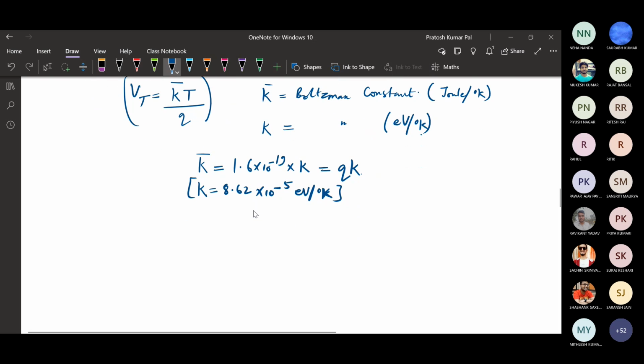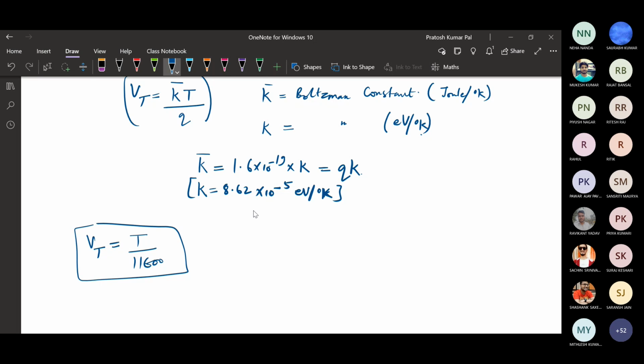Overall, we can relate this thermal voltage, or volt equivalent of temperature. After simplifying and putting in the values, we get T divided by 11600. So this is the relation between Vt and the temperature.